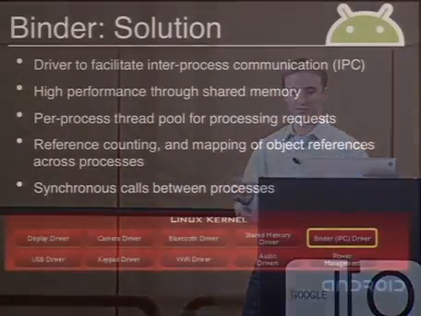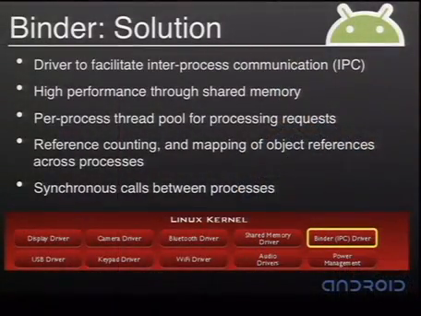So the Binder is a driver to facilitate IPC. It's high performance because it uses shared memory. So data between applications is not actually copied and marshaled through Java serialization or something like that from one process to the next. It's actually shared through shared memory.